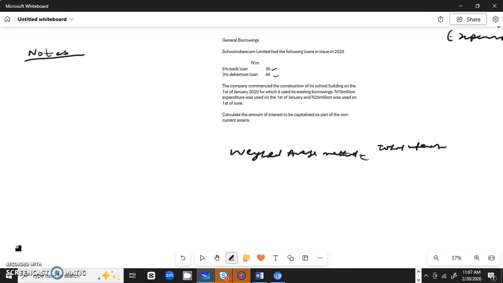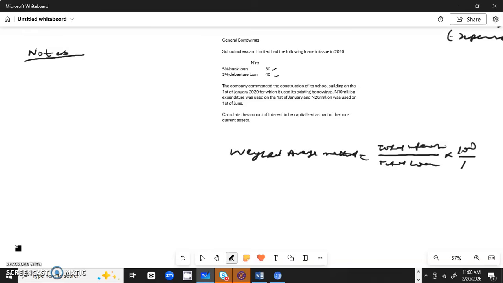With this method, we are trying to calculate the interest applicable. So let us look at the question.